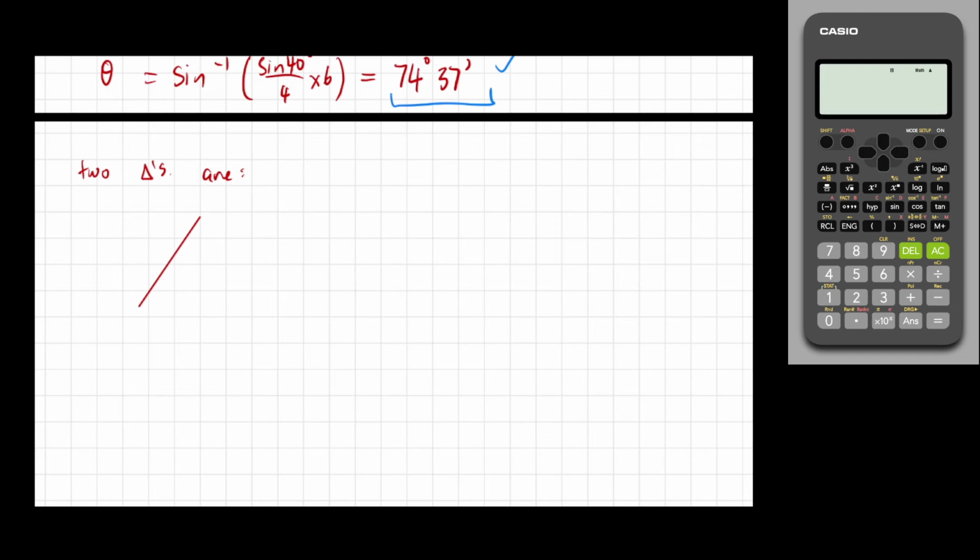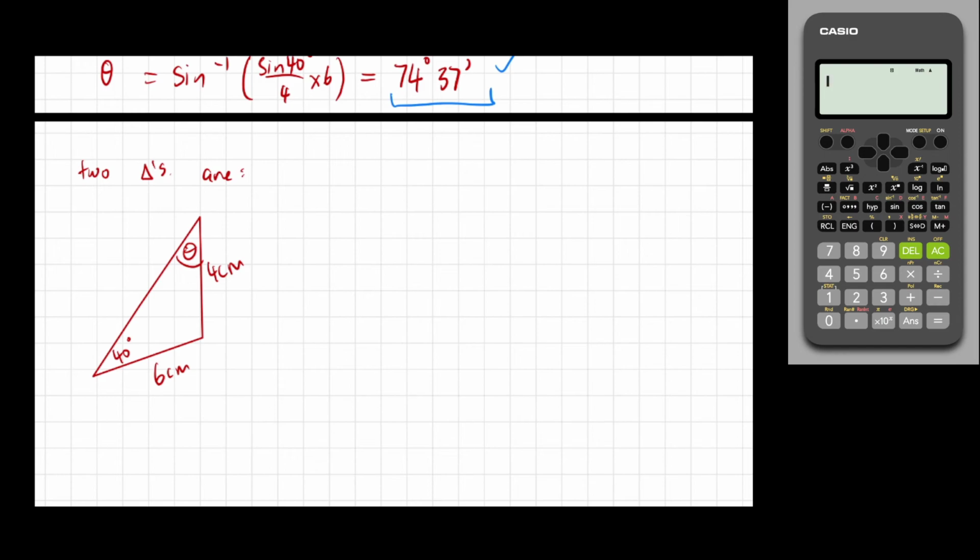I'm trying to think of how I'd actually draw this one, because I guess it'd have a really long side going this way, because this would still have to be 6 centimeters coming this way. So this angle in here would be 40 degrees. This would be my theta angle, which is equal to 74 degrees in this particular one.